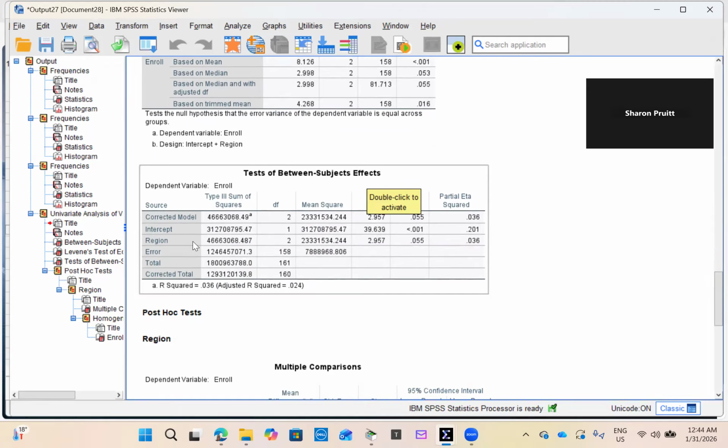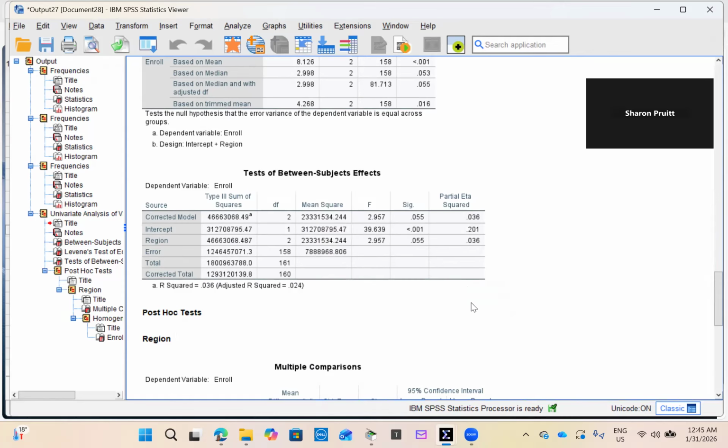The effect of region on enrollment produced an F statistic of 2.957 with a p-value of 0.055. Because the p-value is greater than 0.05, this result is not statistically significant. Therefore, I failed to reject the null hypothesis. This indicates that there is no statistically significant difference in mean enrollment among regions 1, 2, and 5 at the 0.05 level.